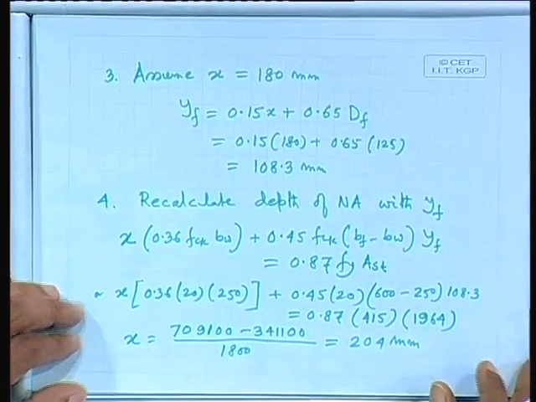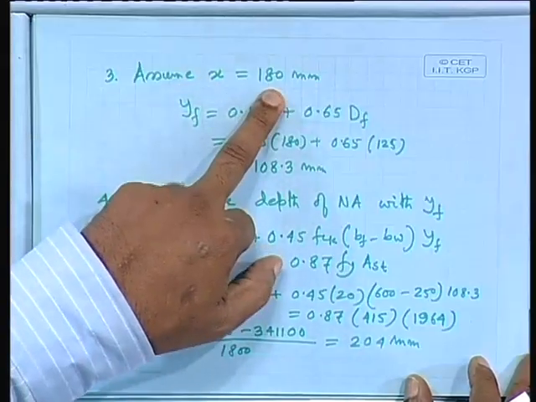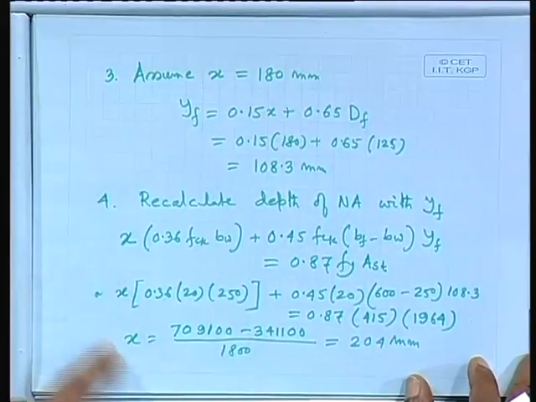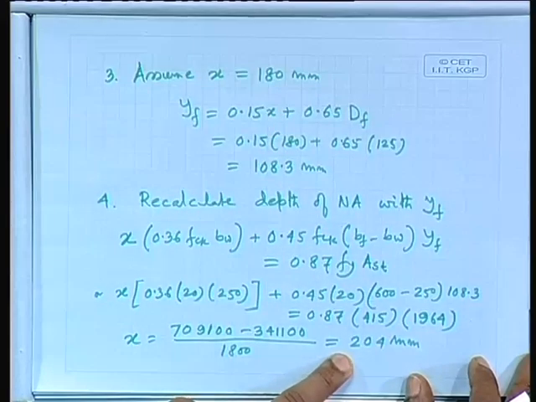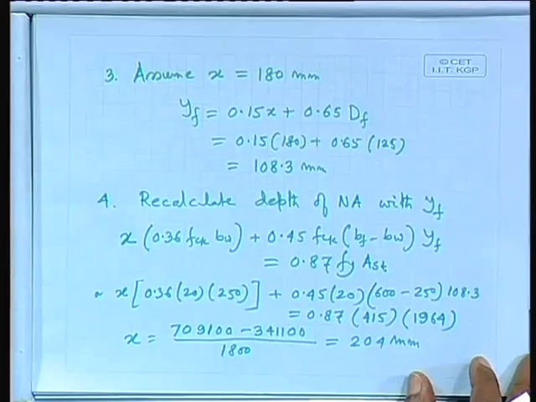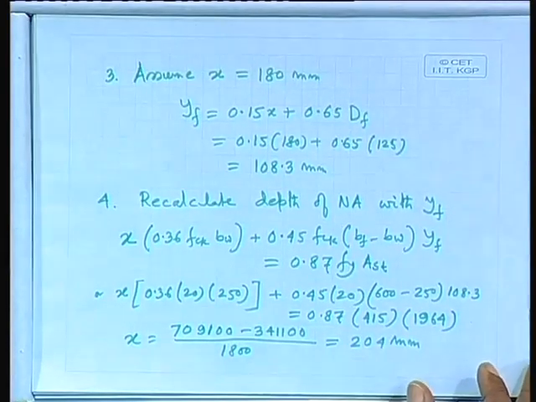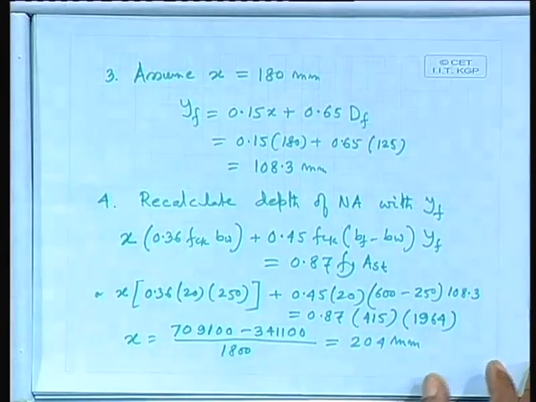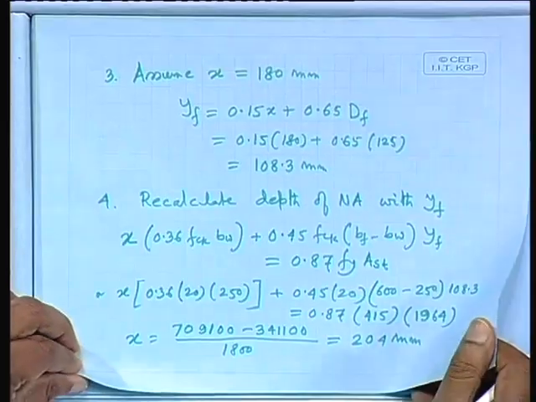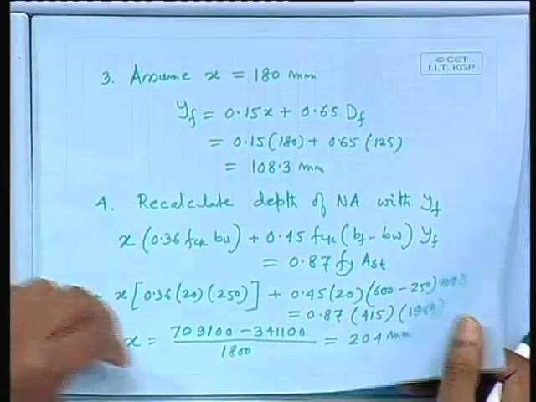So, we assumed x equal to 180 millimeter and we are getting x as 204 millimeter. We have to do it once more. So, let us assume x equal to 200 millimeter.